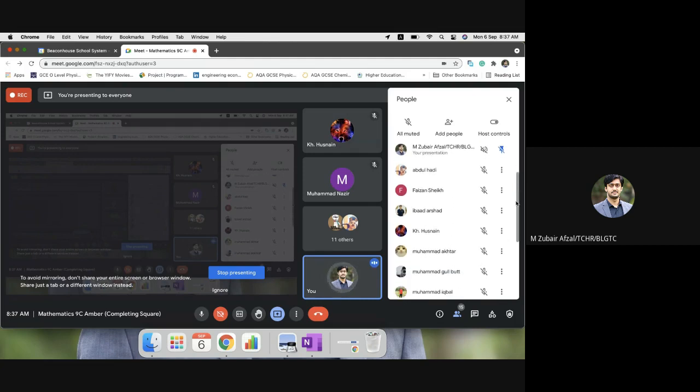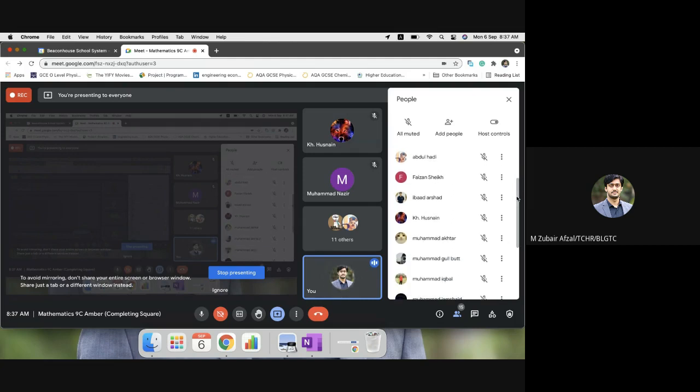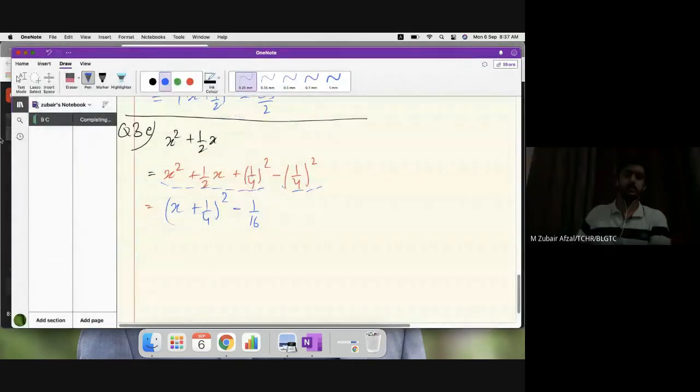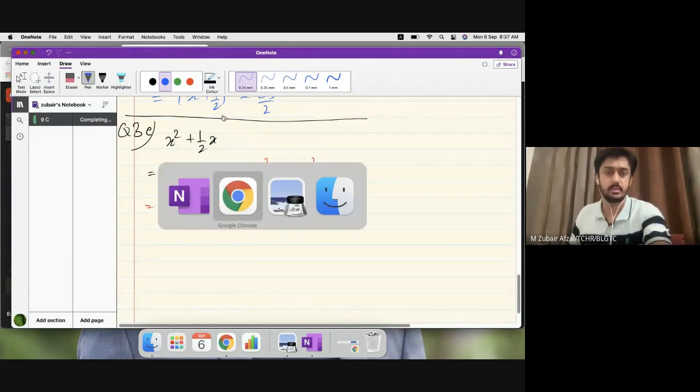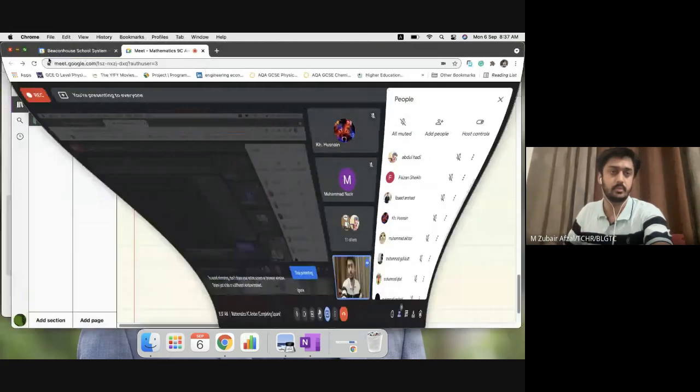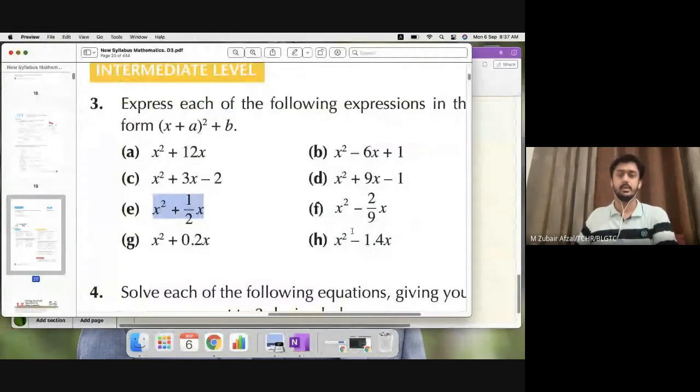Like question 4 using quadratic formula. This is E part and then we have FGH.